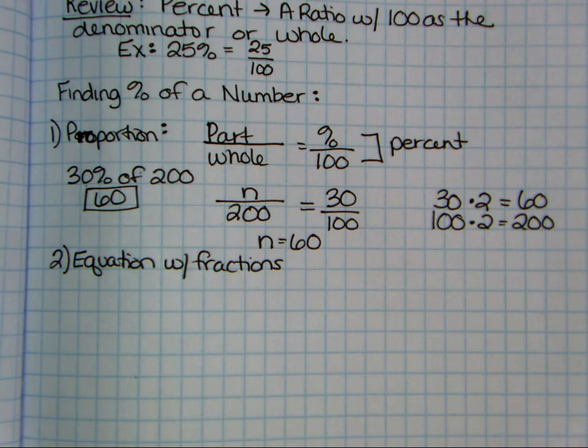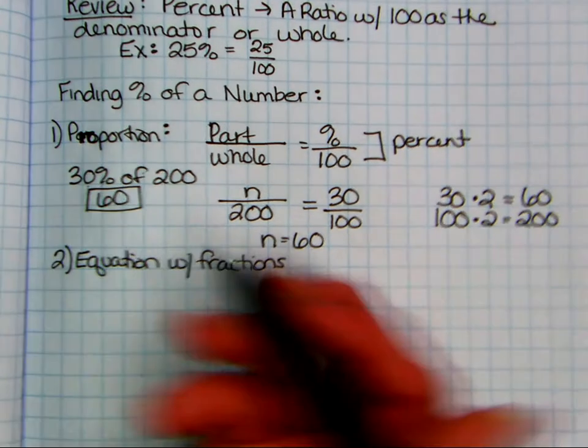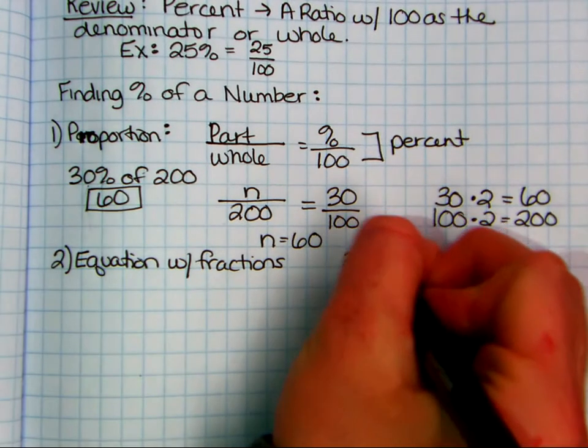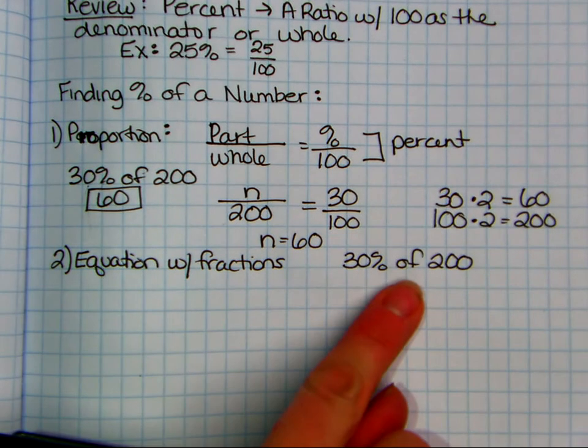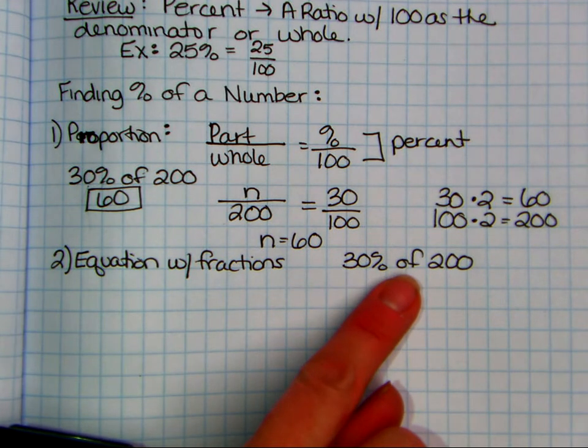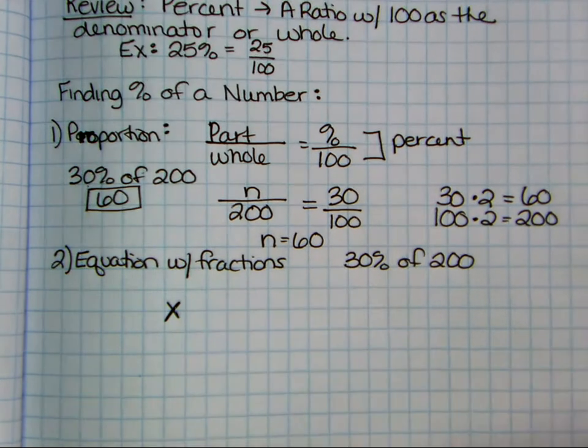We're doing 30% of 200. So let's look at our clue words. When we're doing algebraic equations using percentage, what does "of" refer to, class? Multiply, right? So you're going to have a multiplication problem.